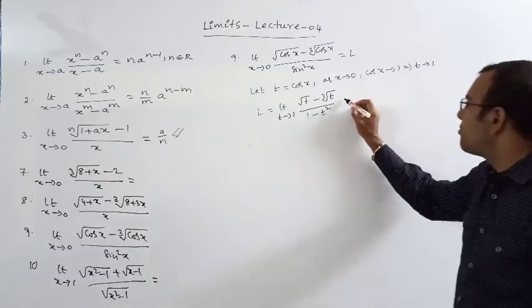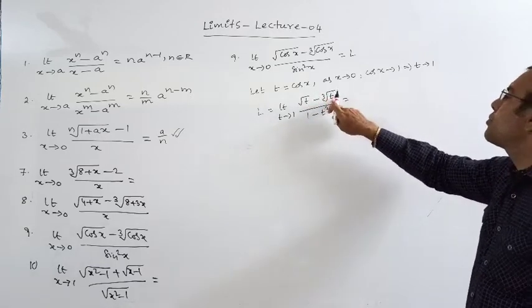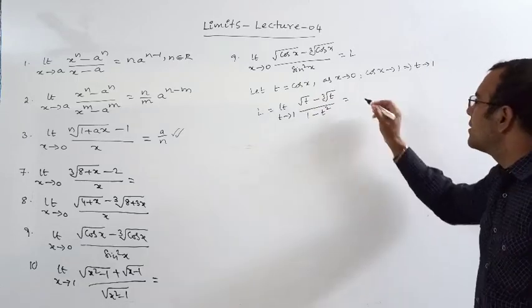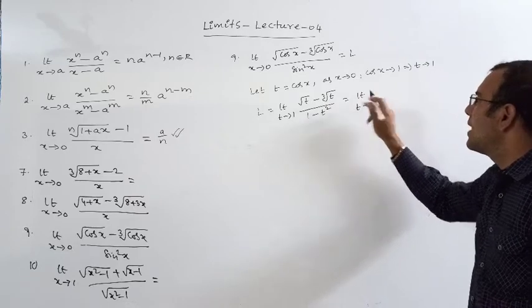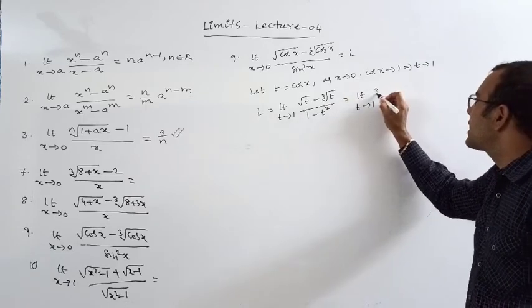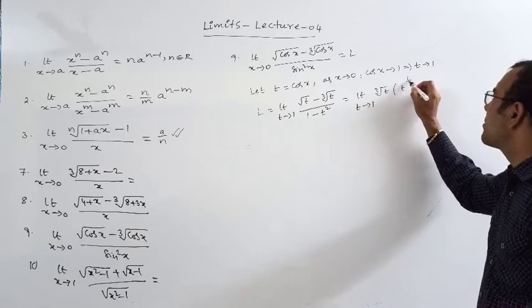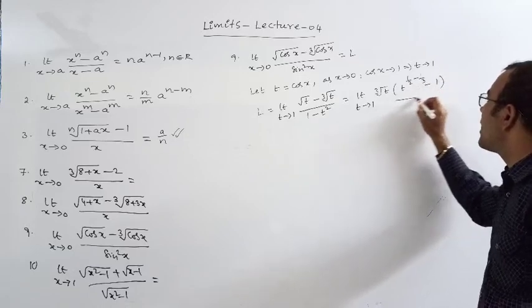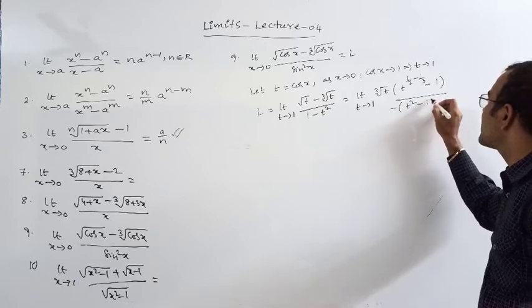Now what you have to do? You can take cube root of t or root t common, whatever you want to take. So limit t tends to 1, I am taking cube root of t common. Then t to the power of 1 by 2 minus 1 by 3 minus 1, I am taking the negative common here, by t square minus 1.